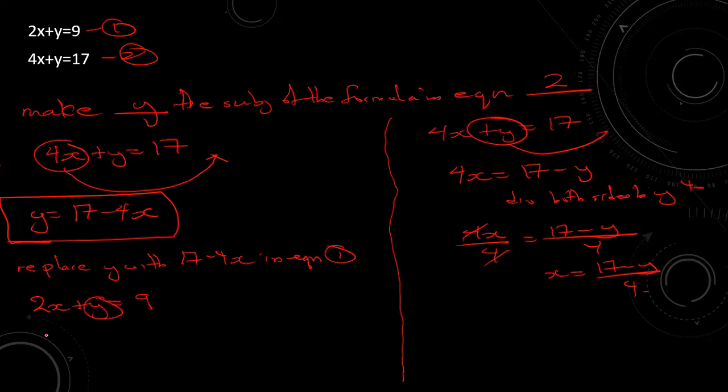So we're going to replace y. So I have 2x plus 17 minus 4x equals 9. We have to put it in a bracket first, then we open the bracket.